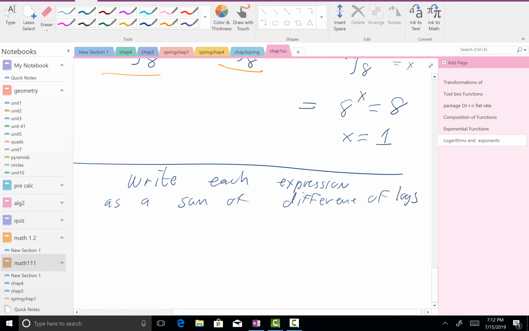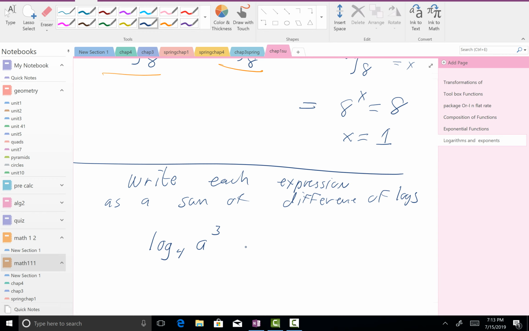Okay, so you're going to use your properties of logarithms again. They're going to give us something like this: the log of 4a to the third. So we look at our properties of logarithms.